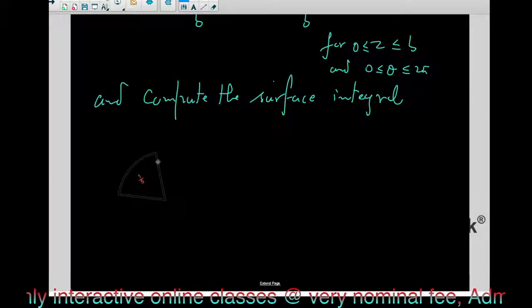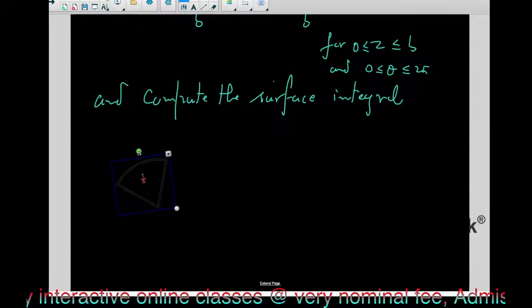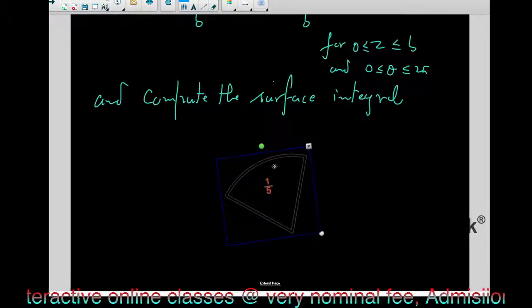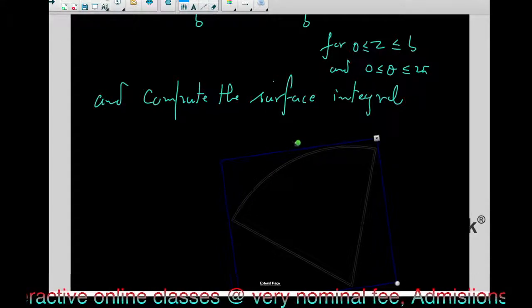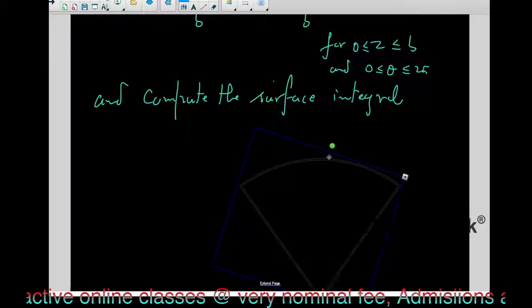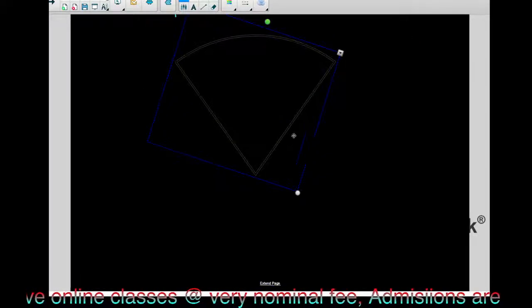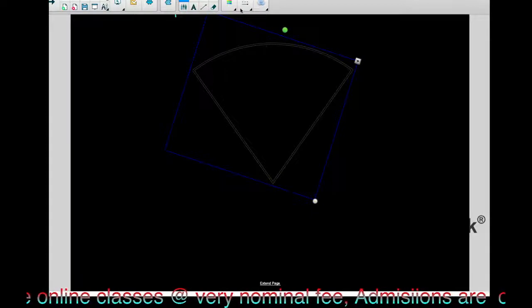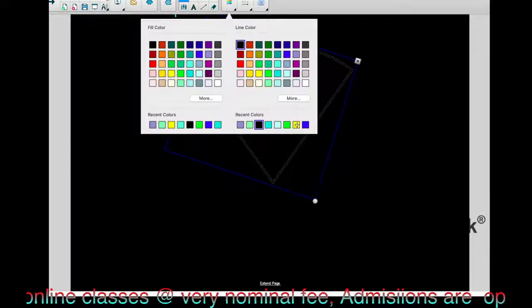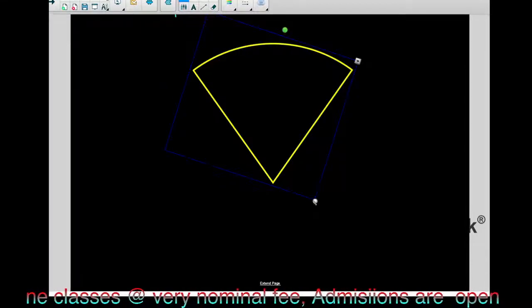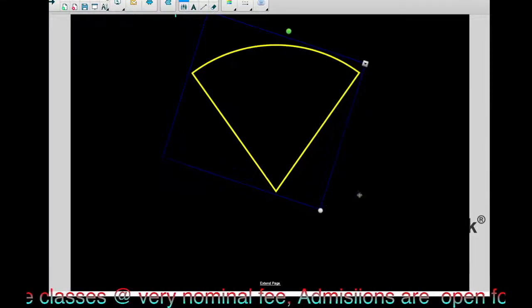So once we take this sector here, this is the sector, right? You see that this is the sector after cutting the cone. After cutting the cone, you will get this type of sector, right?